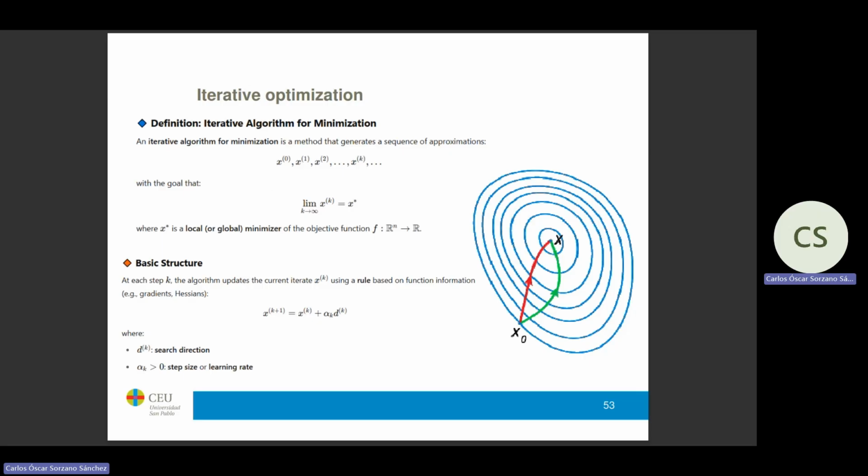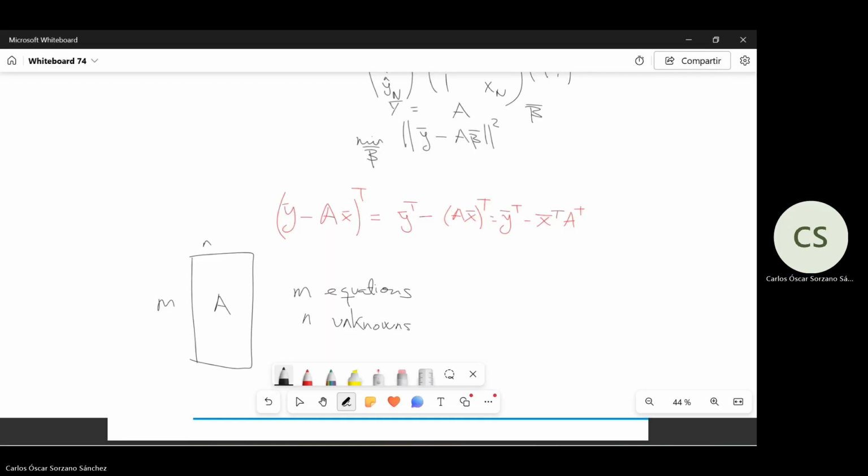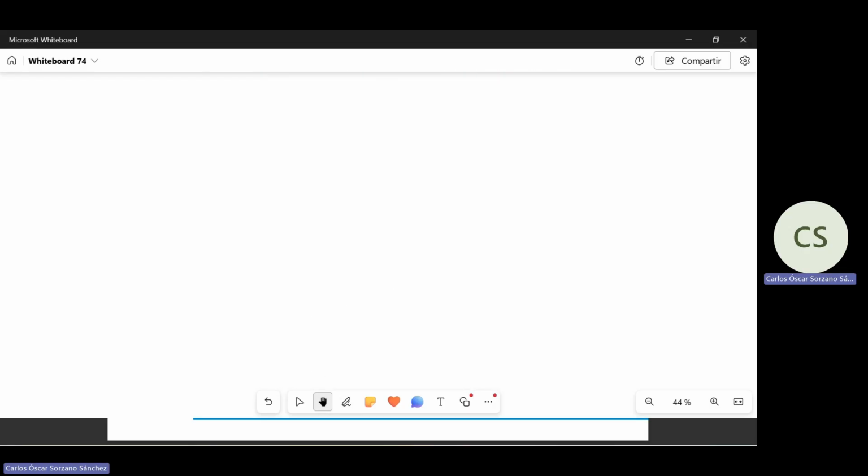So this is the current estimate, x, and then there is a direction, d. The index k is the current iteration, and I move along that direction by an amount indicated by alpha k.